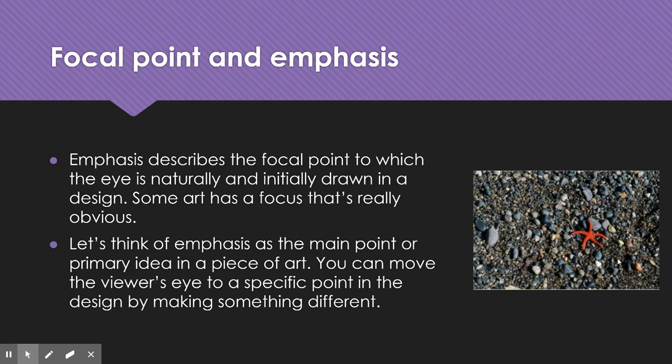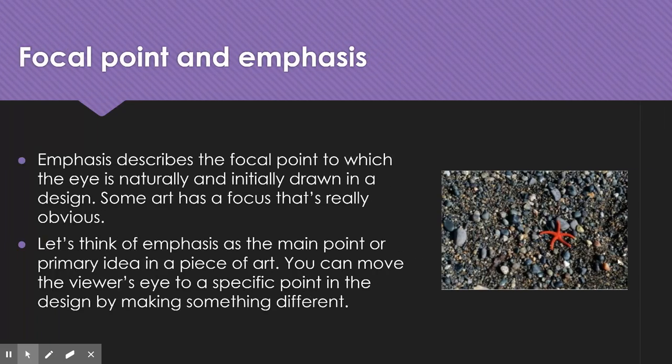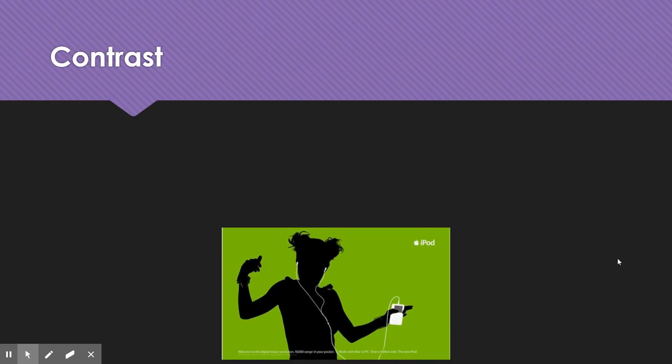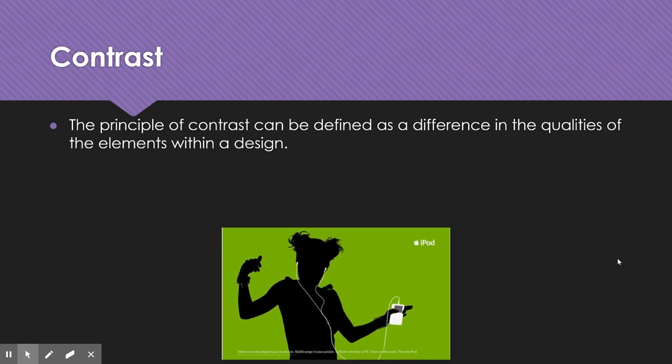The last bullet there just says, let's think about emphasis as the main point or primary idea of the design or artwork. Contrast is a great principle of design. The principle of contrast can be defined as the difference in the quality of the elements within the design.